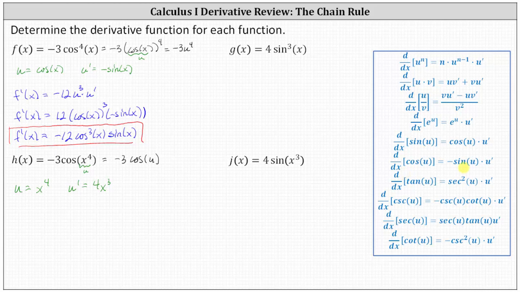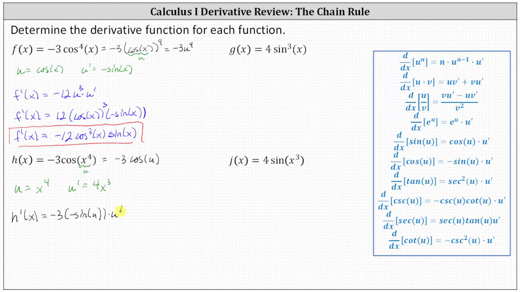u times u prime, which indicates h prime of x is equal to the derivative of negative 3 cosine u with respect to x, which is negative 3 times the derivative of cosine u with respect to x, which gives us negative sine u times u prime.